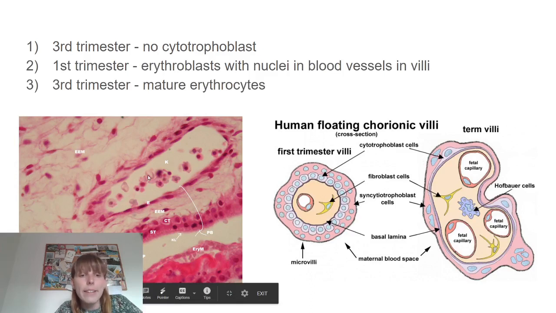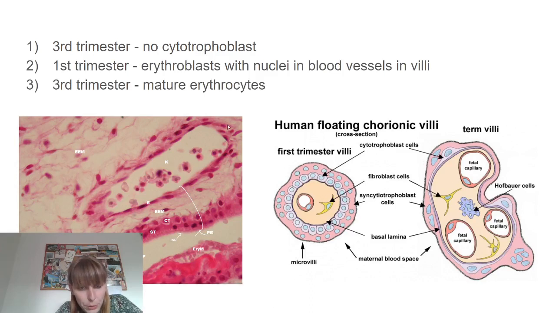syncytiotrophoblast. And another thing that can help us to differentiate is if we find a capillary like this, a blood vessel inside the extraembryonic mesoderm, and inside you can see these cells will in the future become red blood cells, and they are the erythroblasts, which still have nuclei.